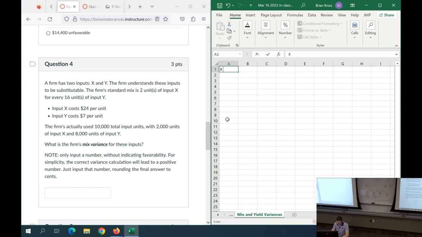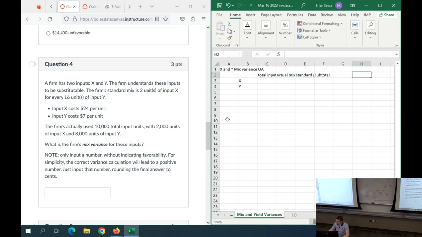All right, so x and y mix variance open answer question. So x and y, I'm just going to start building up my table here. I know I'm going to need total inputs, I'm going to need actual mix, and then standard price, subtotal.